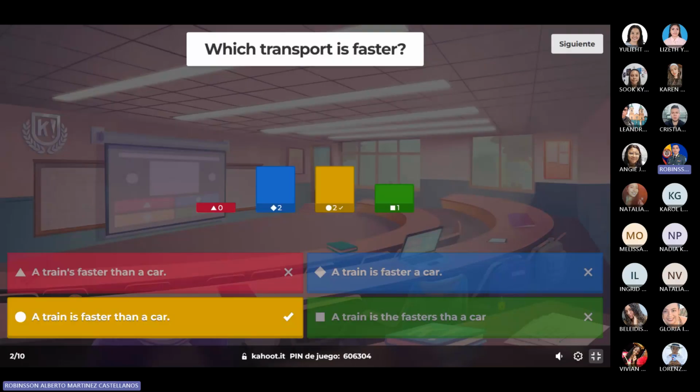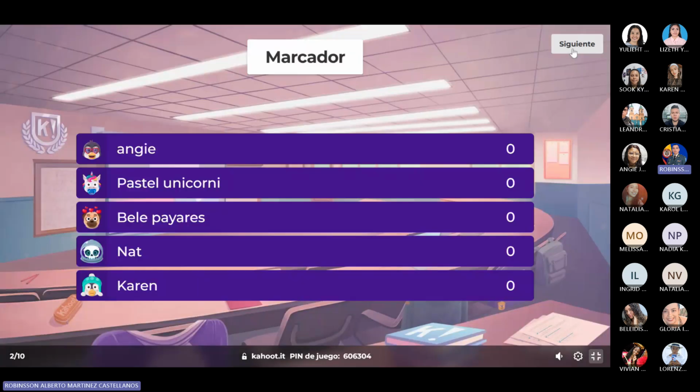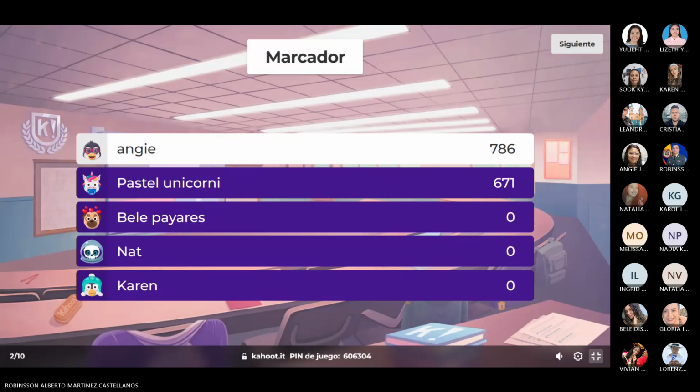Okay, which transport is faster? The train is faster than a car. That's right. Remember the structure of the comparative and superlative. Okay, Angie, very good. Let's continue. We need to be fast.